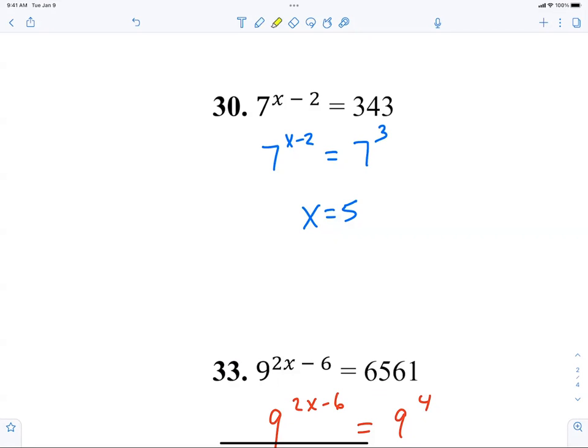I'm letting you use your calculator because most kids don't know that 7 to the third power is 343. You hear me? I'm giving you an opportunity to calculate 7 to what power is 343. I'm not going to let you go 7 to the x minus 2 and plug that in and figure out which one's 343.